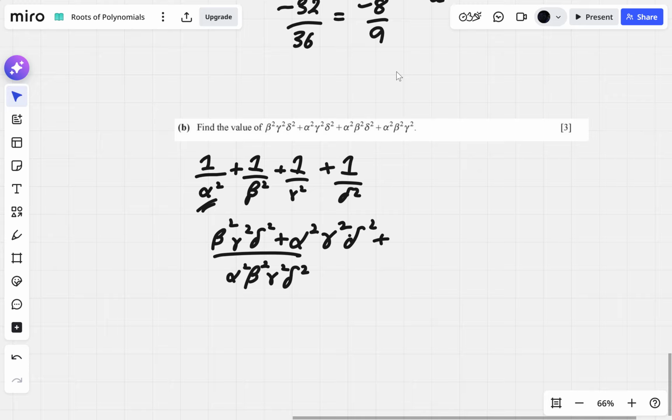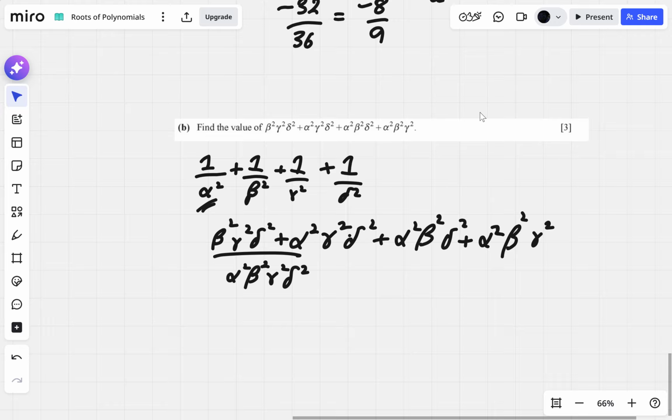Then again add alpha squared, beta squared, skipping gamma, and then delta squared, and then plus alpha squared, beta squared, and gamma squared. Skipping delta squared again because that was the denominator and we won't write that in the last one. So the numerator becomes the same expression as the one in the question.